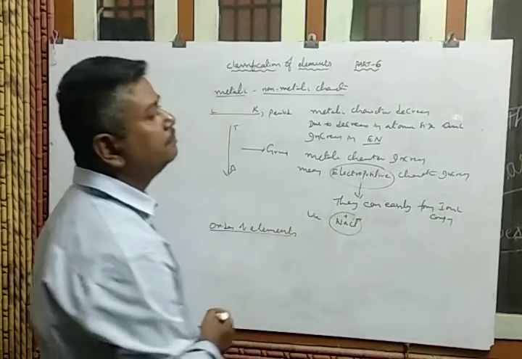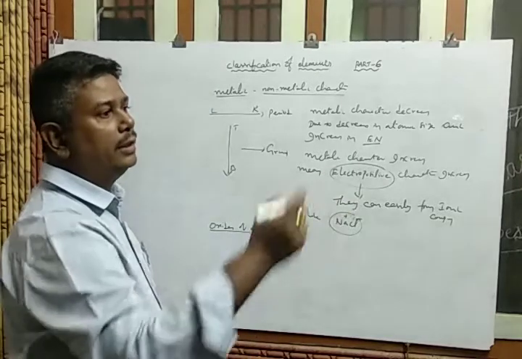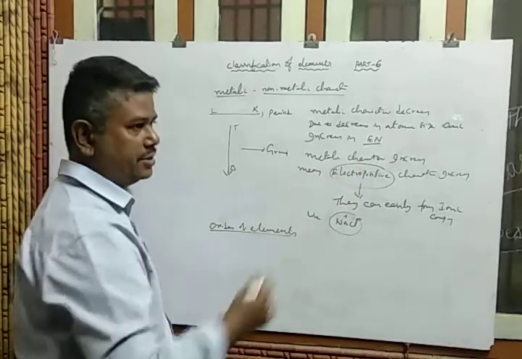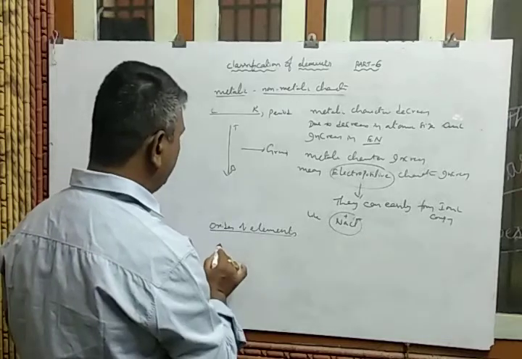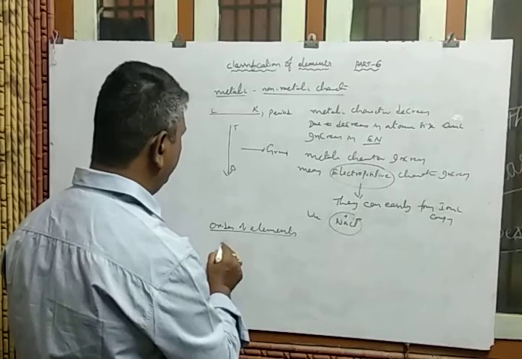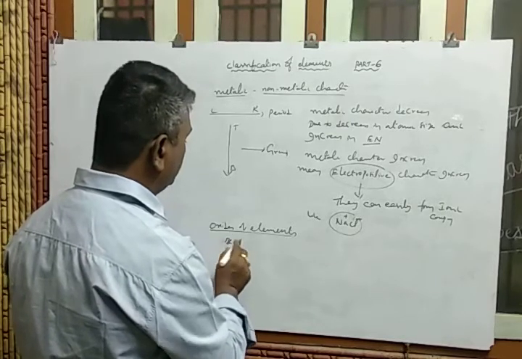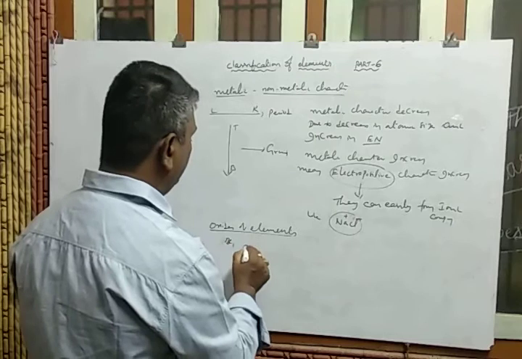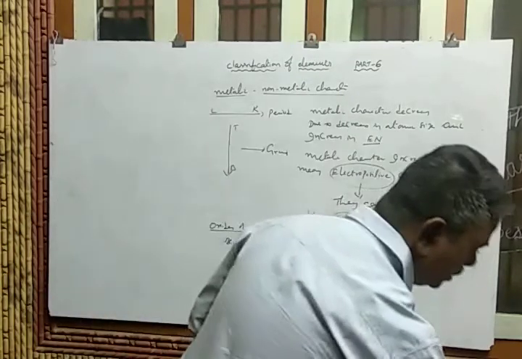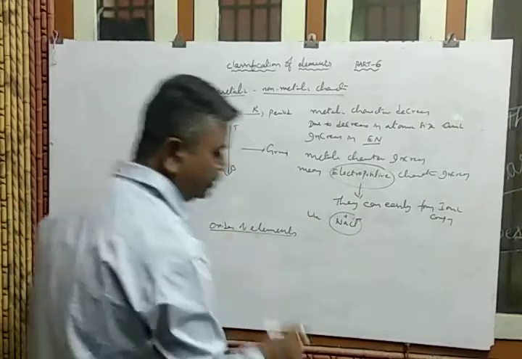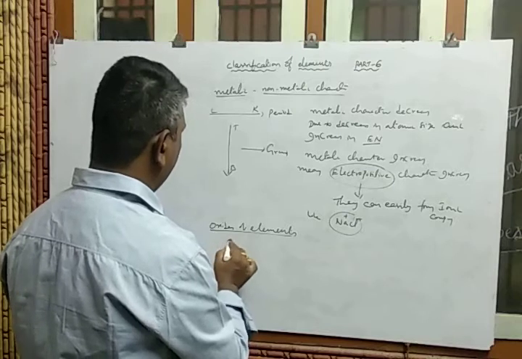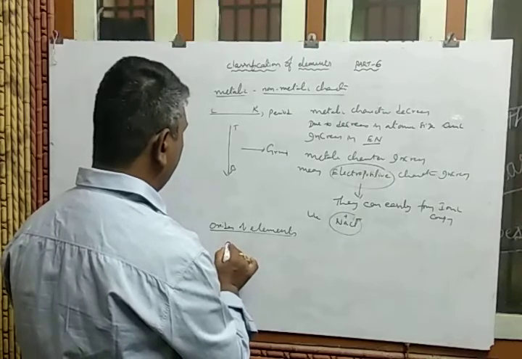So generally, while you are moving in a period from left to right, what happened? Metal to non-metal reaches. For example, take a period, like the second period.